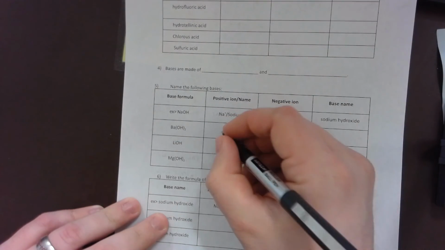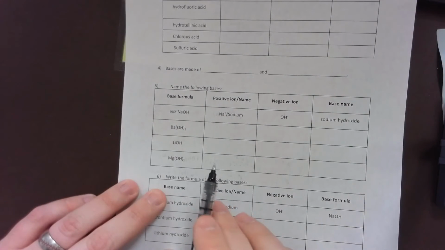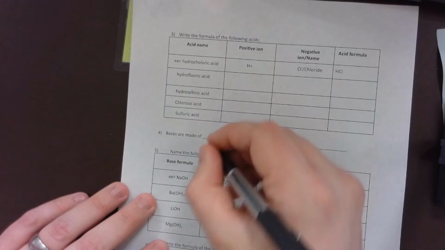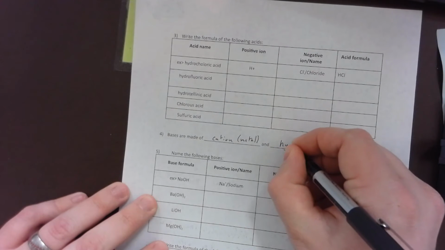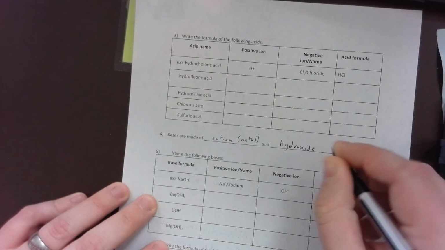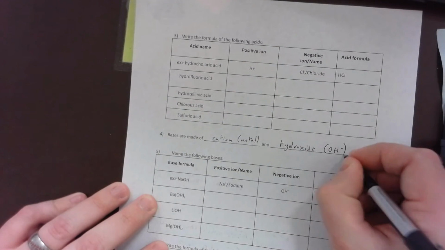All right. Now, let's go to the bases. The nice thing about this is it pretty much stays the same as our ionic compounds. Remember, bases are made of a cation, and cations are always a metal, and a hydroxide, or OH anion.